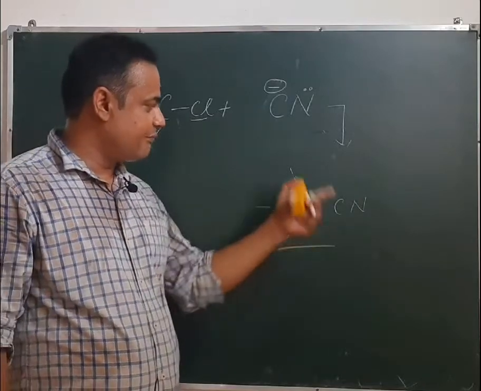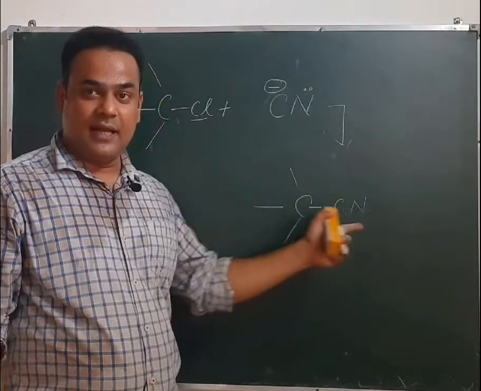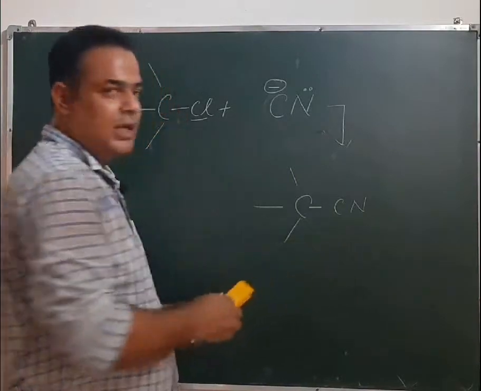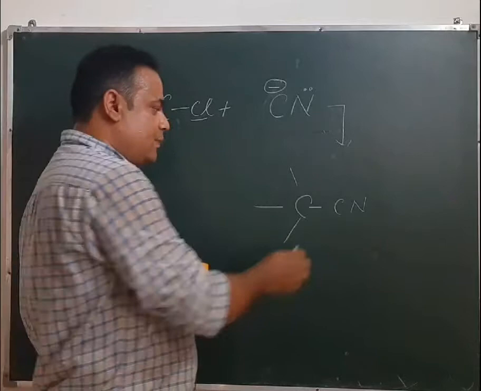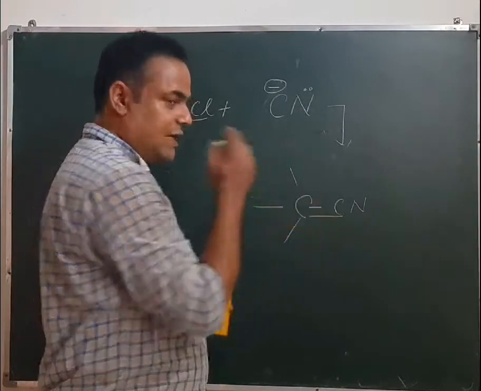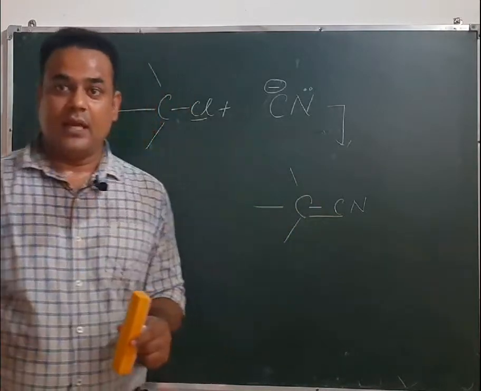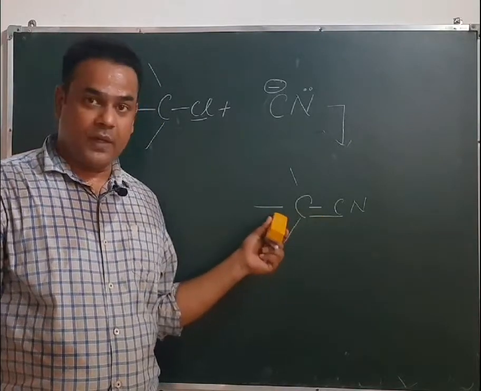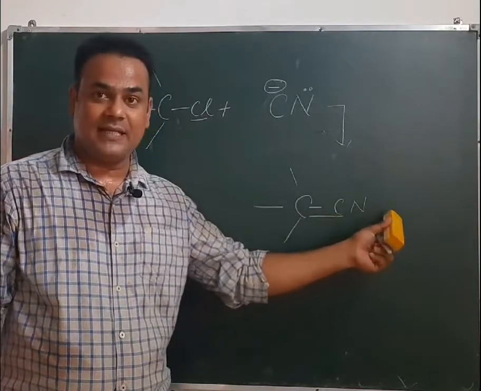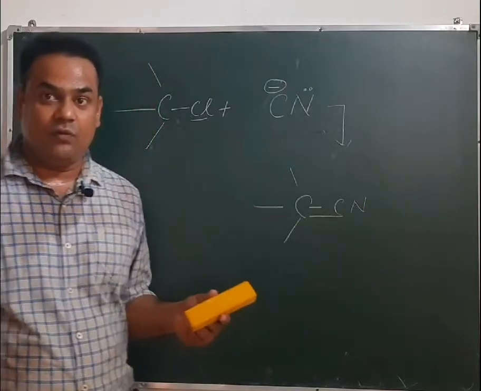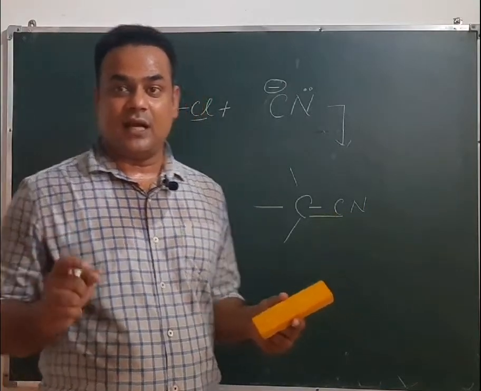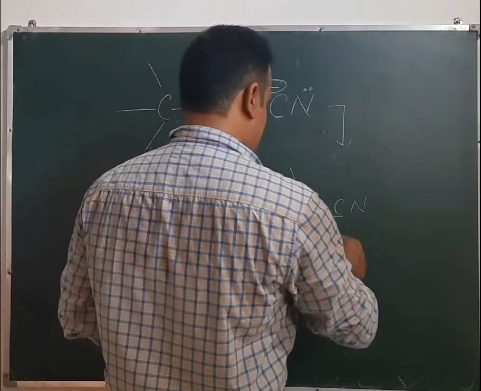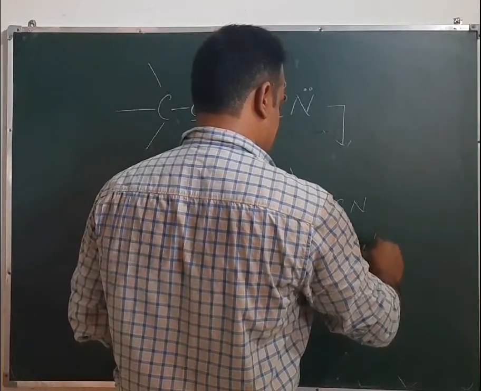So this one is the alkyl cyanide, the common name, but for the IUPAC name, you have to count this carbon also in the chain, and that's why the name of this compound will be the particular alkane nitrile. So what will be this name? Ethane nitrile.